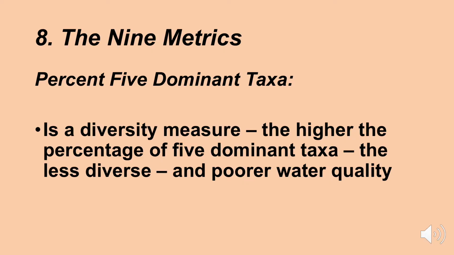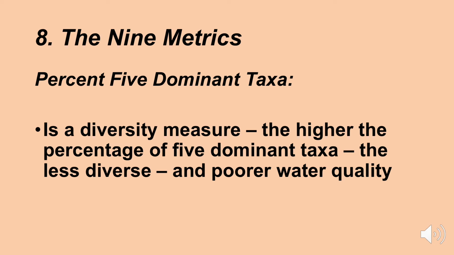The next of the 9 metrics is the percent 5 dominant taxa. This is a diversity measure. We have many different taxa of benthic macroinvertebrates in the stream. We're looking at the percentage of the macroinvertebrates that fall into the 5 dominant taxa.